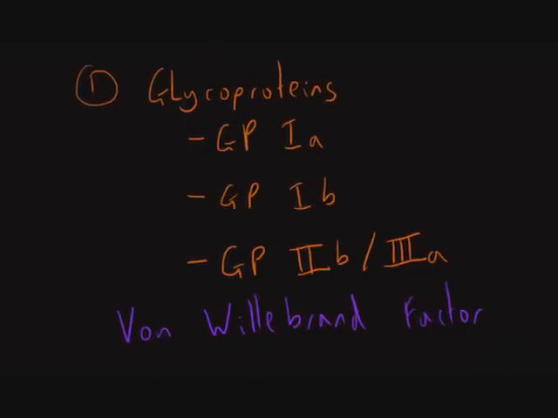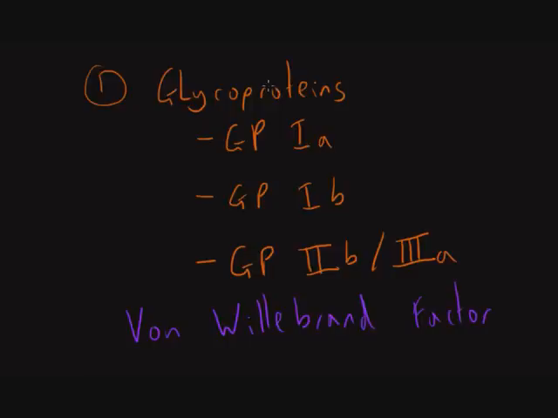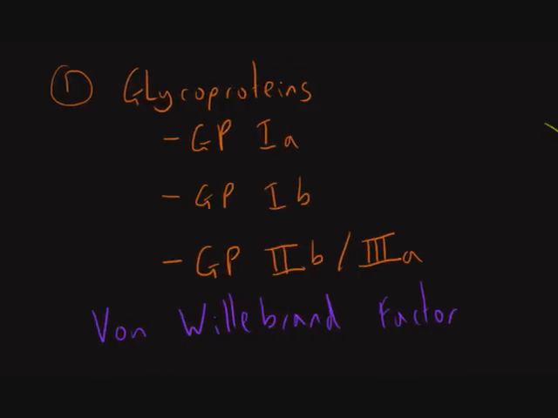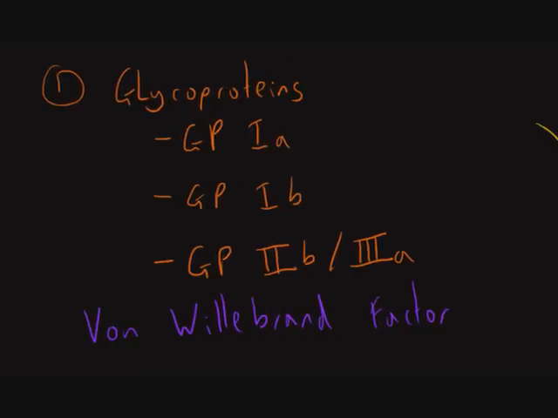So I'm going to summarise this now. We've got our glycoproteins here, we've got the different types, and the first two have roles in adhesion to the subendothelial tissues and also in actually activating the platelets.